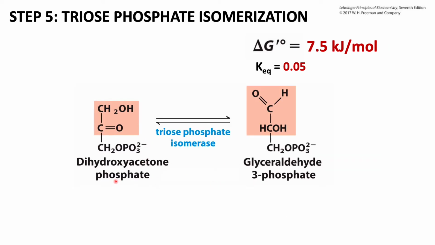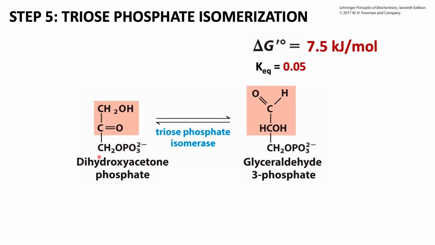In step number 5, we have a triose phosphate isomerization. So remember, in our previous step, we produced dihydroxyacetone phosphate and glyceraldehyde 3-phosphate. We're okay with the G3P, but we do not want this dihydroxyacetone phosphate. We want to convert it into something that is actually usable for glycolysis. So we convert it into another G3P molecule. We do that through the enzyme triose phosphate isomerase.